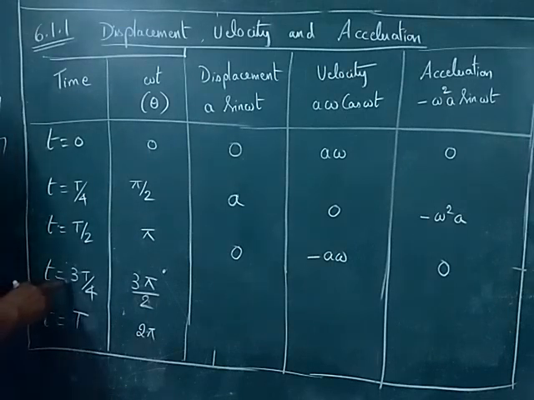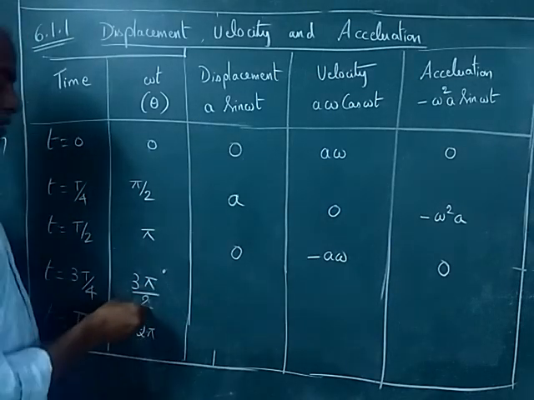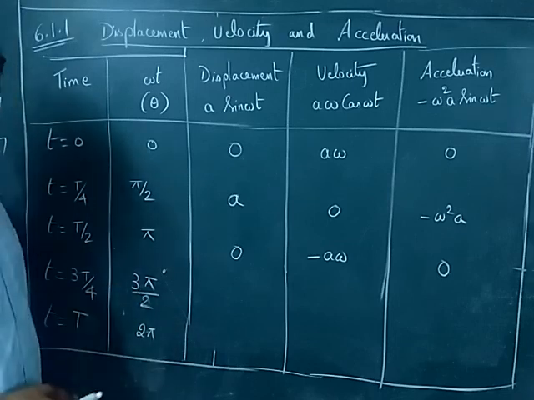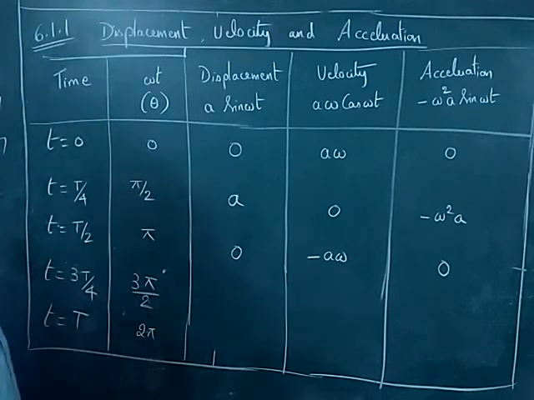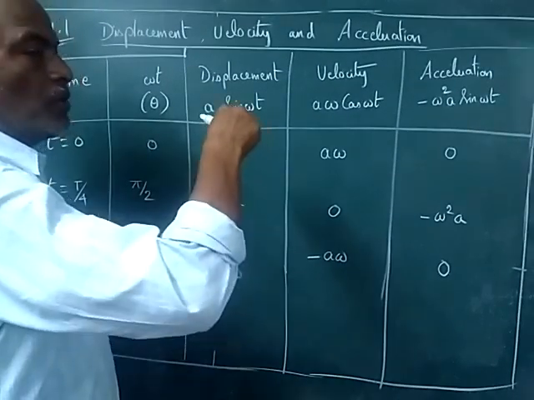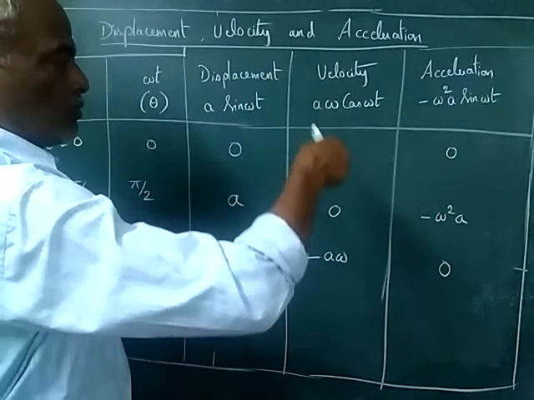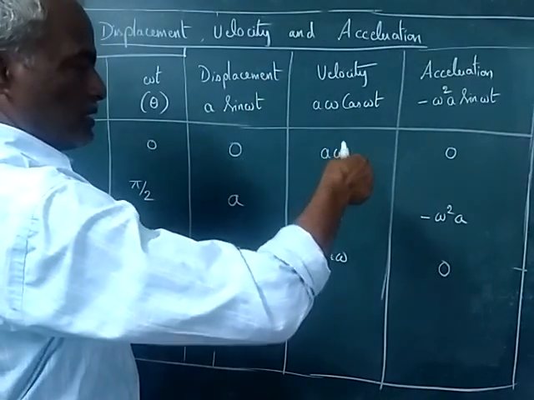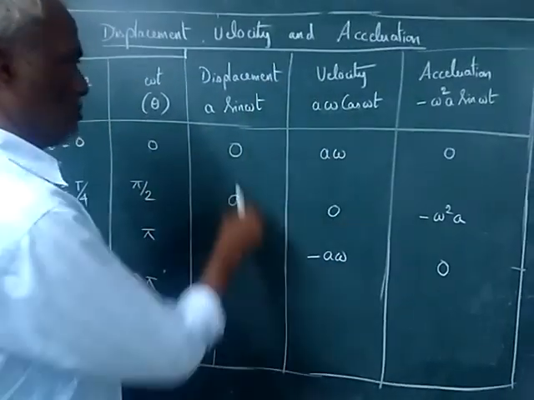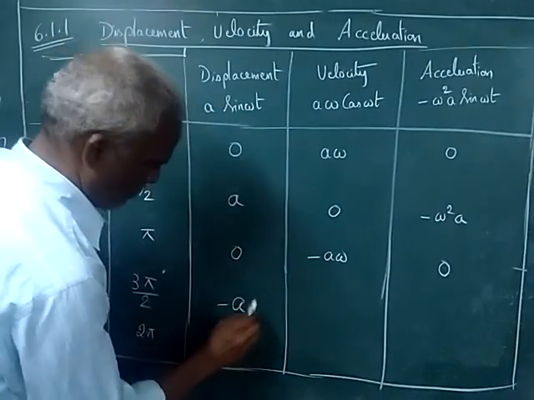Then t is equal to 3t by 4. So angle wise it is 270 degree, pi by 2 is 90, 90 into 3 is 270. So sin 0 is 0, sin 90 is 1, sin 180 is 0, sin 270 is minus 1. So this value is minus 1, therefore minus a.